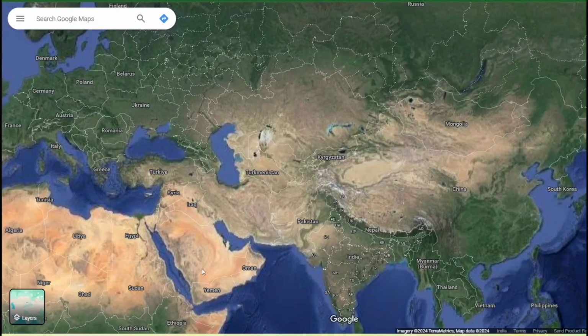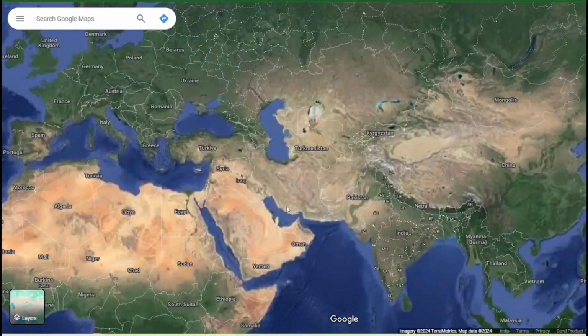Just ignore this Gulf part, and Iran you can include. This is Iraq, this is Iran, this is Afghanistan, and this is Pakistan, and Turkmenistan, Kazakhstan, Kyrgyzstan, and Uzbekistan. All are here. Kazakhstan is a little bit upward, and you have Mongolia here. So you see that the size of this arid region is very huge.